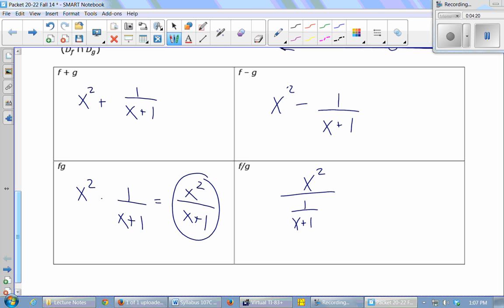And I would simplify that to x squared times the reciprocal, x plus 1 over 1, which is x cubed plus x squared. Pretty straightforward, right? This is just all simplifying expressions that you've done before. It's just that now we've named these expressions f and g.